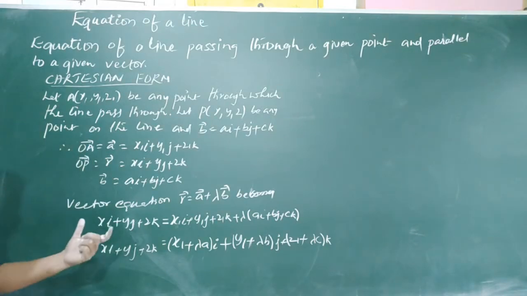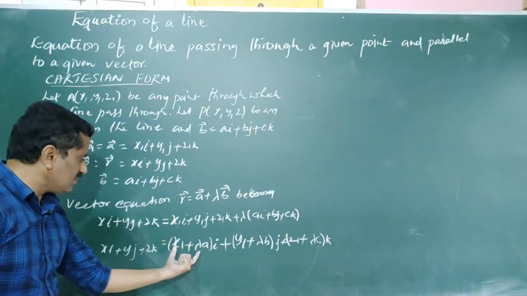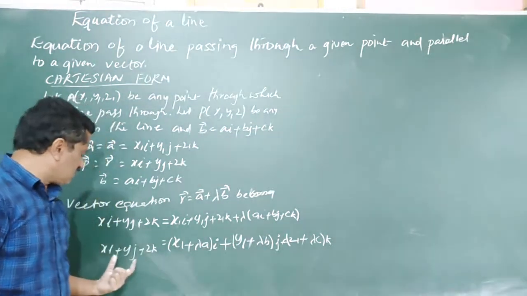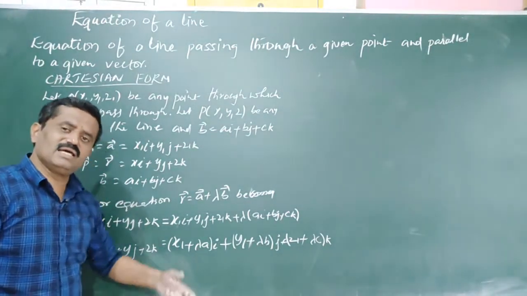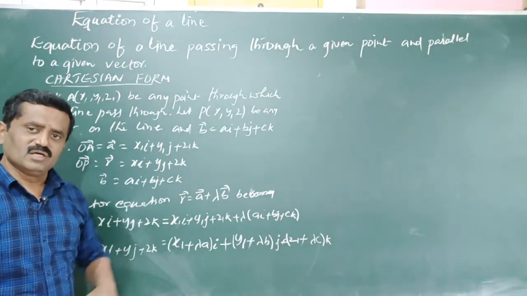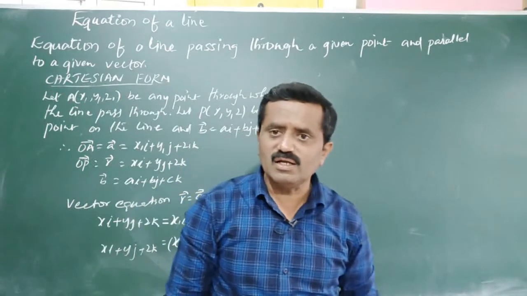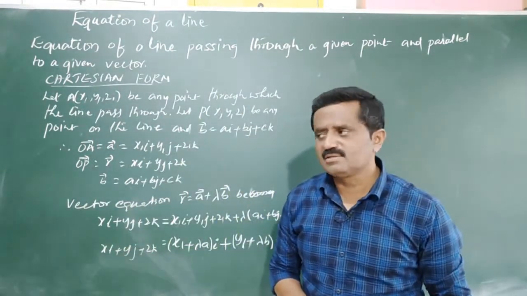Now compare the two vectors. We have xi here and xi there, and similarly for the others. We know that two vectors are equal if and only if their corresponding components are the same.